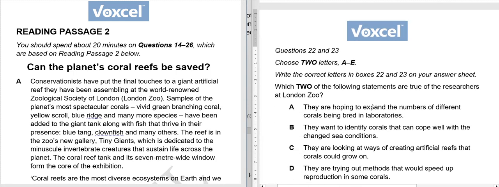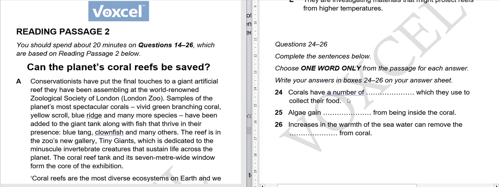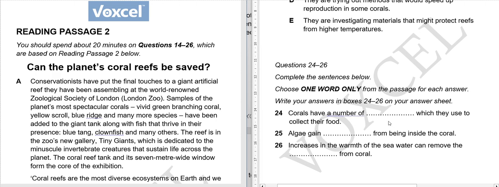Similarly, when we read this question, 2 of the following statements are true of the researchers at London Zoo. So wherever London Zoo and its researchers are mentioned in the text, we will find the answer in that section or paragraph. And these are our blanks. Corals have a number of something, or wherever algae is written we will find the answer there.